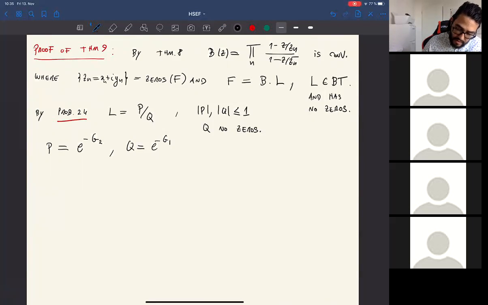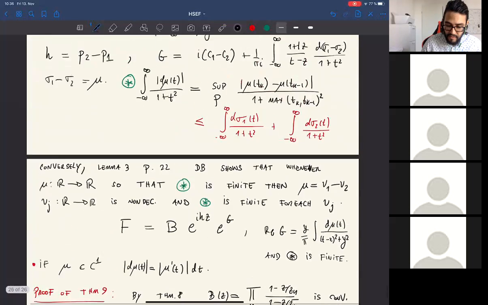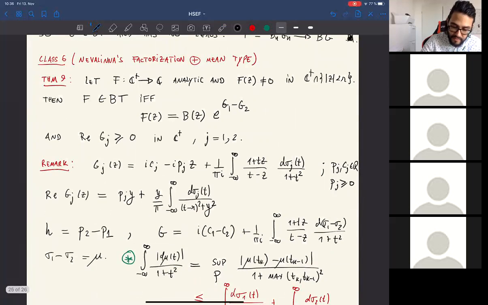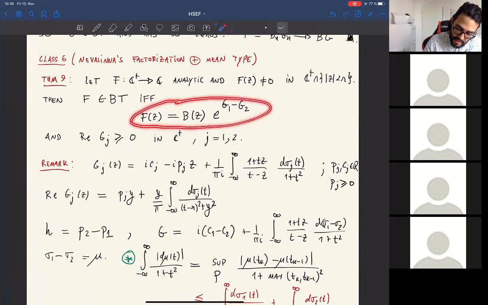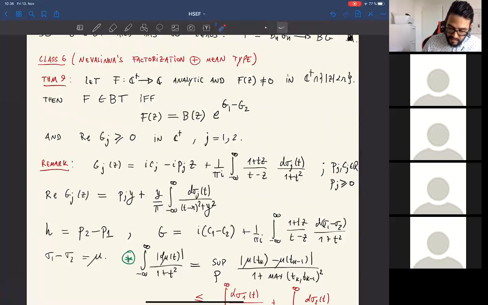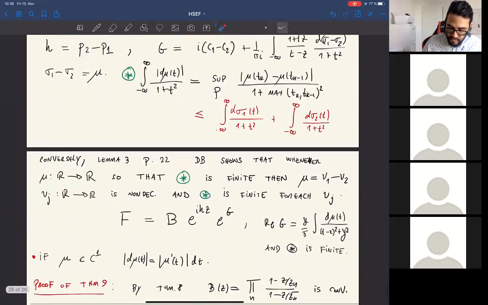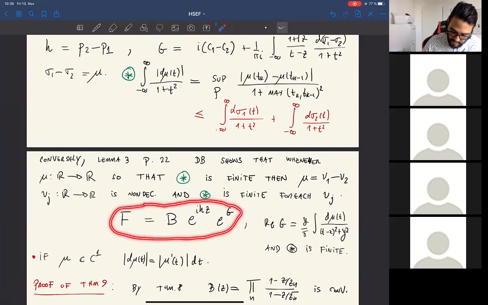And since P and Q are of modulus less than or equal to 1, that's exactly the same as saying that the real part of Gj is greater than or equal to 0. So that shows that if it is of bounded type, then it has this form. Or equivalently, by the de Branges remark on this measure, it is the same as having this form here.